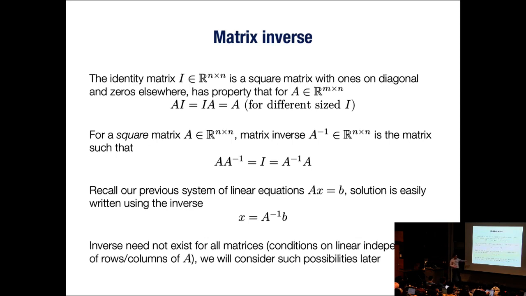Now, I should mention a very important point, which I will not highlight much in practice: these inverses do not need to exist for all matrices. There can be matrices where no matter what you multiply them by, you will never get the identity. These have to do with conditions such as the linear independence of the columns or rows of a matrix.